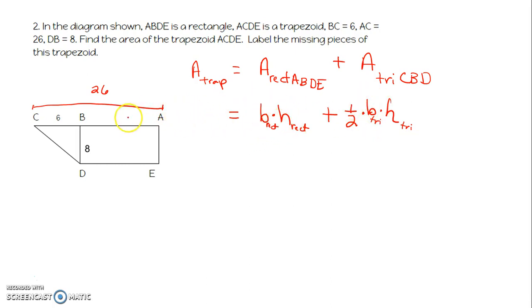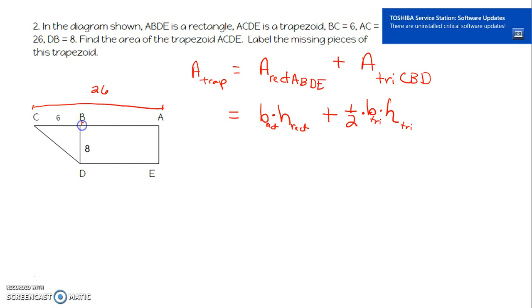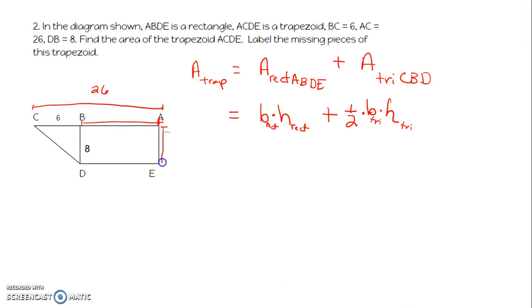All right, so for our rectangle, we have to figure out our base, which would be that, times our height, which would be that. Okay, well, I can see if BD is 8, AE would also be 8 units. I have to know what AB is because that would be the base or length of my rectangle.